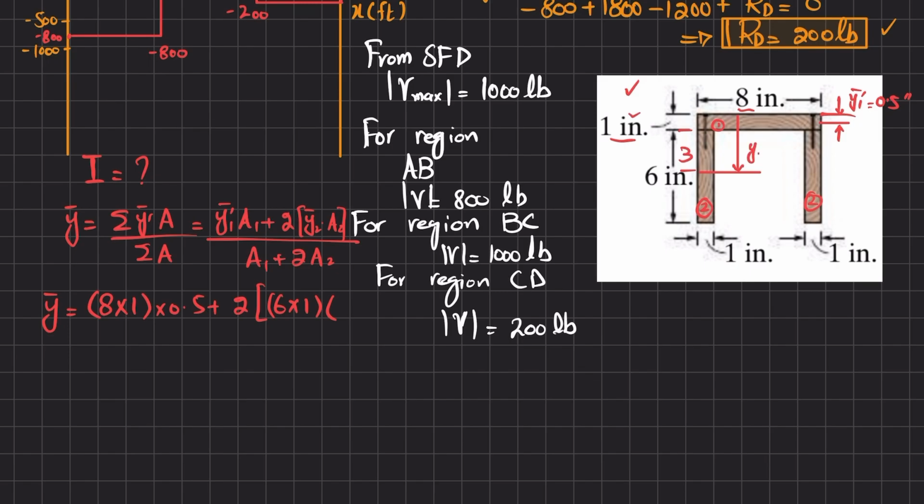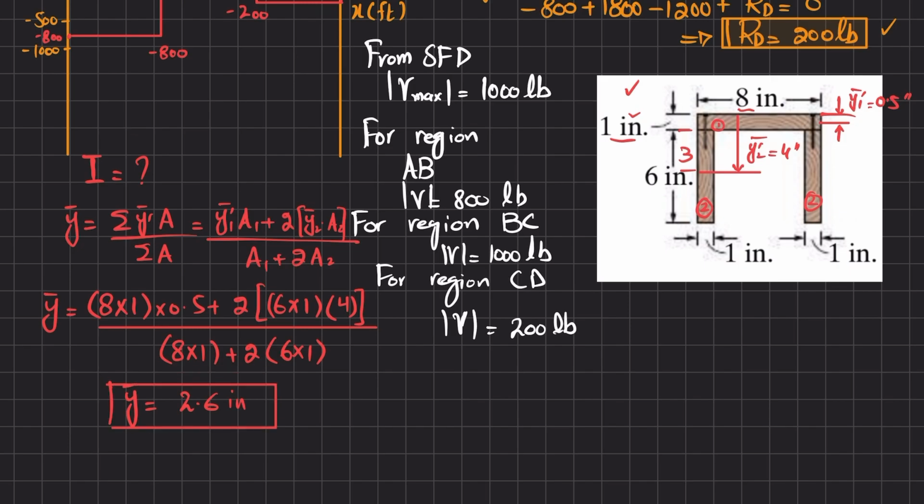So this is y2 dash bar, equal to 4 inch. I will multiply it with 4, divided by A1, which is 8 multiplied by 1, plus 2 times A2, which is 6 multiplied by 1. When you solve this, you get y dash bar equal to 2.6 inch from the top.